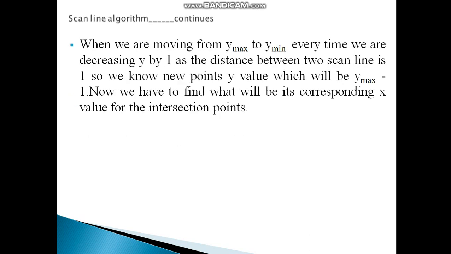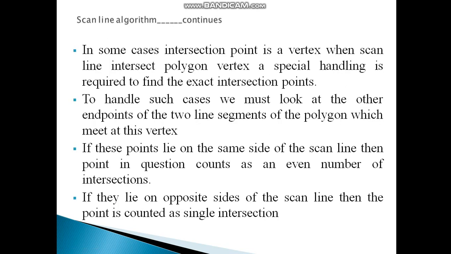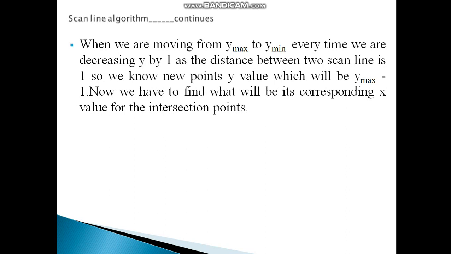So here the edges lie on the same side of the scanline, that's why the count is even. And if they are on opposite sides of the scanline, suppose CD and another edge opposite of this scanline, then the count is odd, meaning a single intersection.